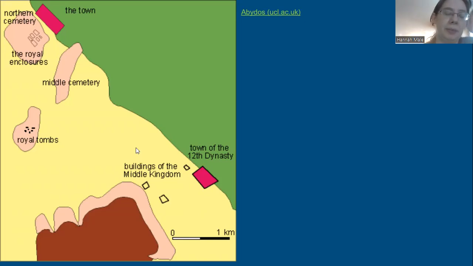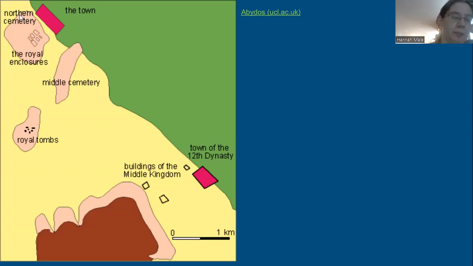But then the town sees use in the Middle Kingdom. So these are some of the buildings from the Middle Kingdom, and then the remains of the 12th dynasty town. And then there are also burials from the Middle Kingdom at Abydos that are non-royal.